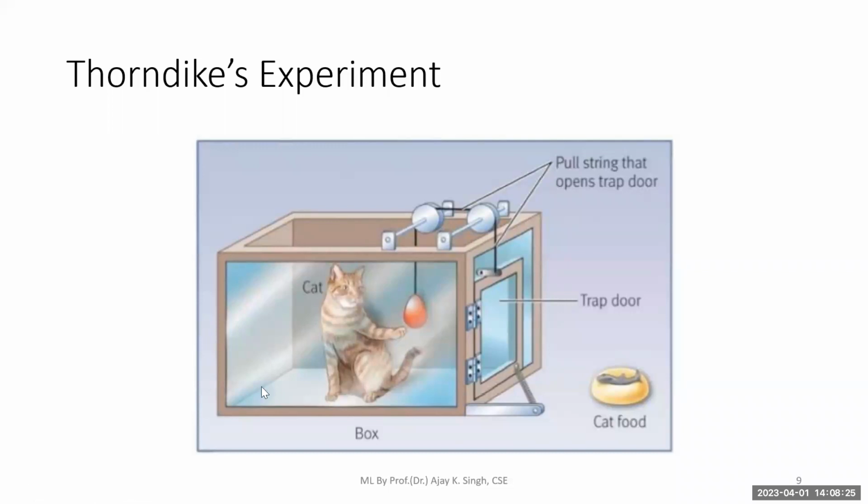In this way, this was carried out a number of times. Sometimes it took more than 24 hours, sometimes less. Ultimately, the cat came to know that if I click or hit this, it will open and I can take the food and come back. In this way, this experiment was carried out.